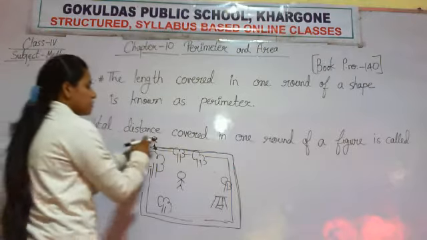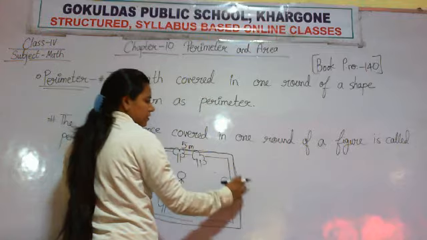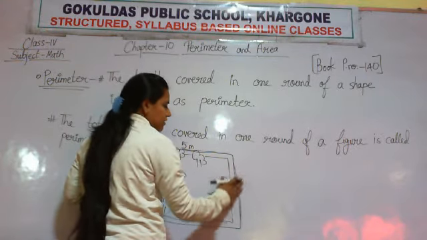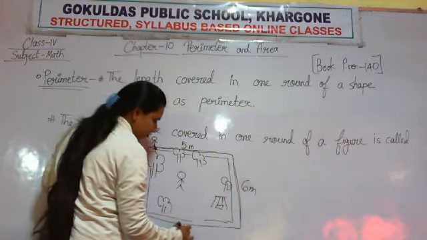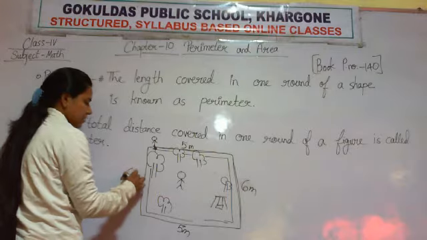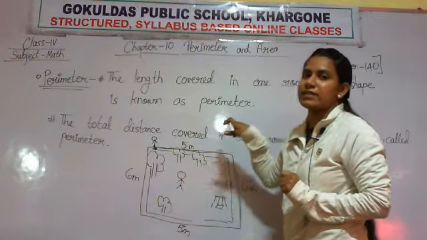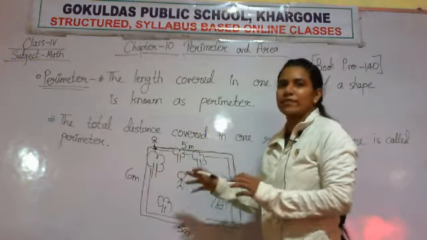Suppose this distance is 6 meter, this distance is 5 meter, and again this is 6 meter. What is the definition? The total distance covered in one round. So how you will get the total?